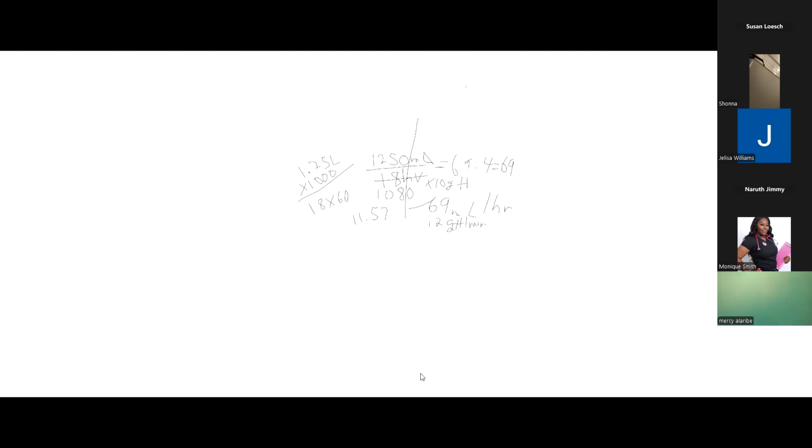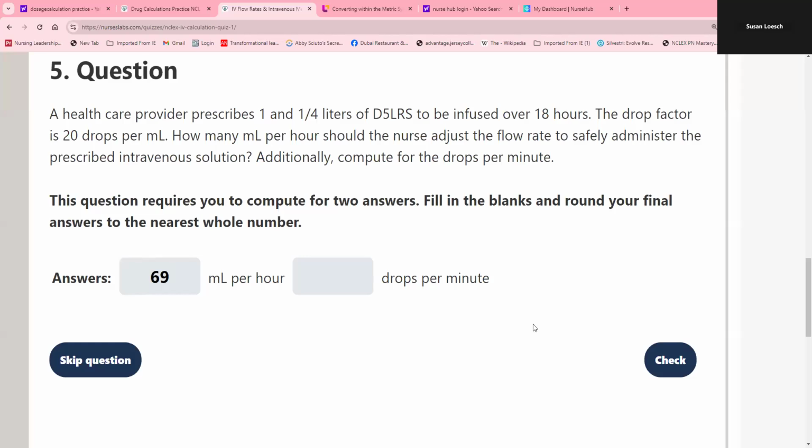Okay. So we have 69 mLs per hour and 23 drops per minute. And that's why you want to always go back and double check, because if you put something in wrong, then you have a chance to redeem yourself right there. All right. So we got 69 here and 23.